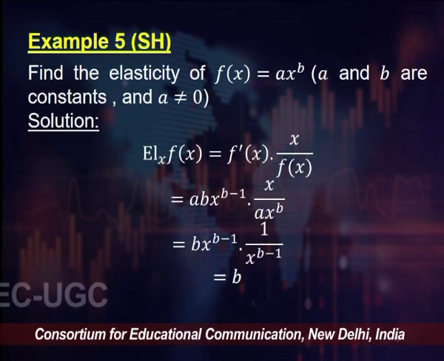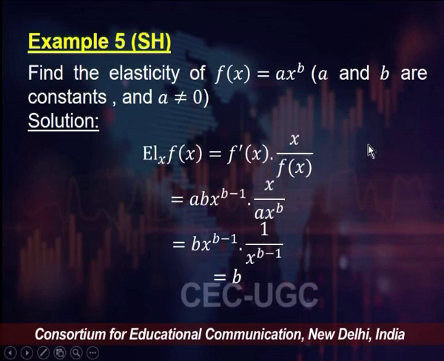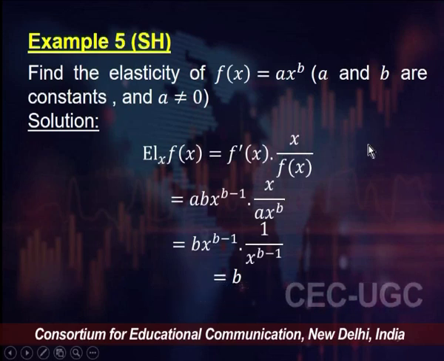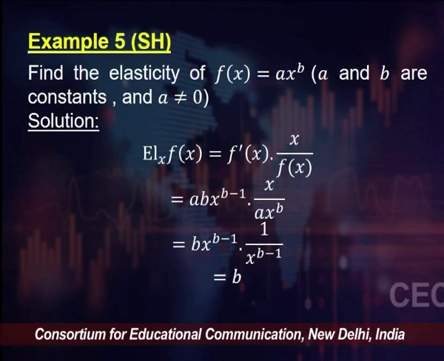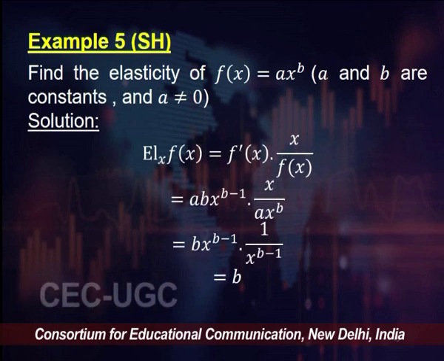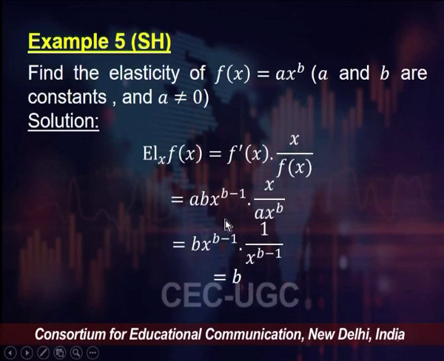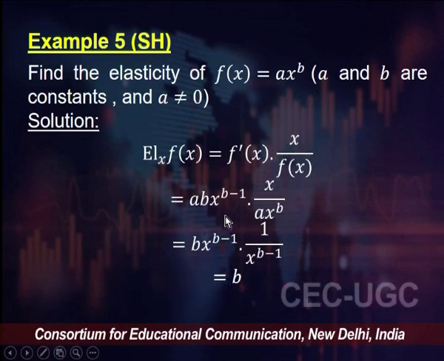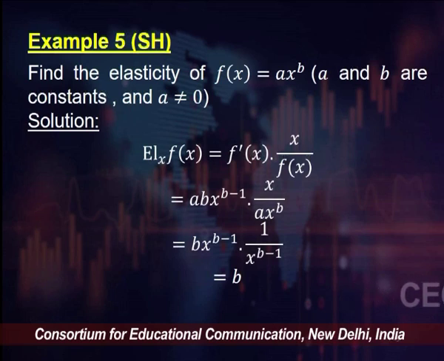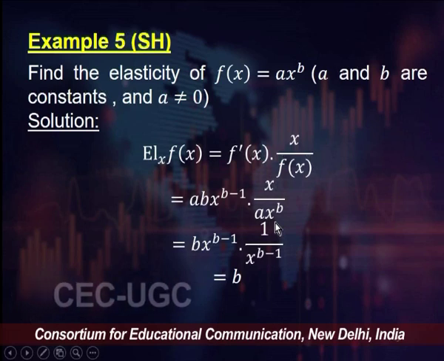So, to calculate the elasticity of f of x with respect to x, we use the formula f prime of x times x divided by f of x. So, f prime of x is given for this function as a times b times x to the power b minus 1, times x, and that is divided by f of x, which is nothing but a times x to the power b.